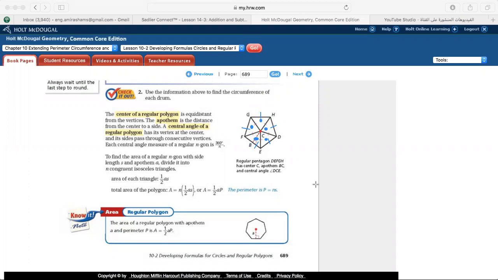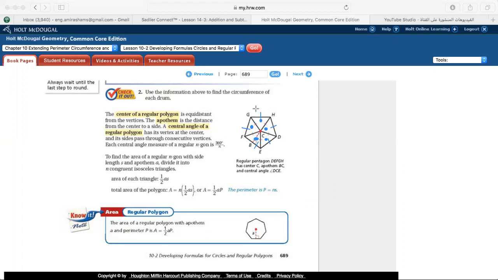Okay, what is the area of any triangle? The area of any triangle is half base multiplied by height. So if I get the area of one triangle, I can multiply it by the number of triangles that I have here.